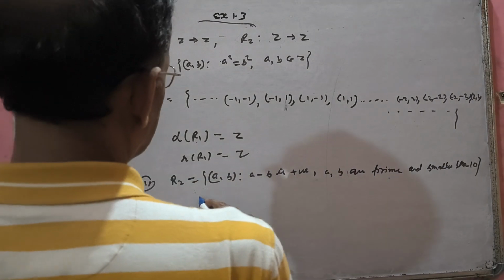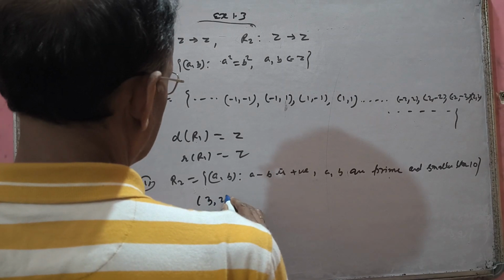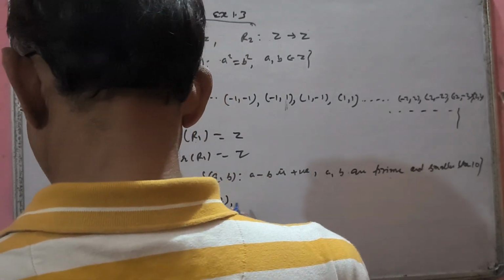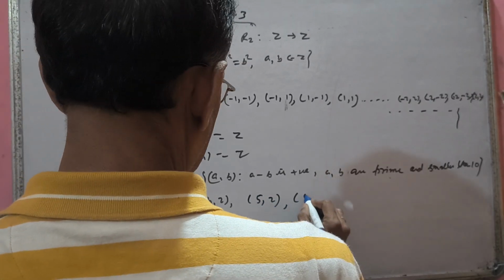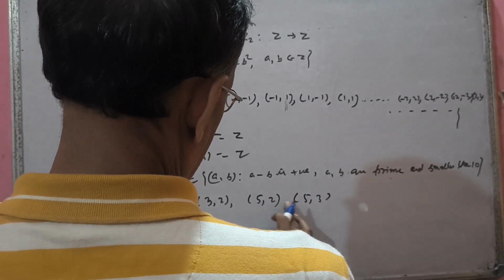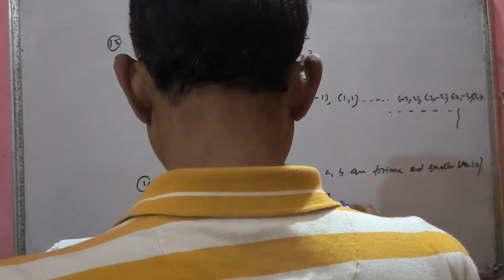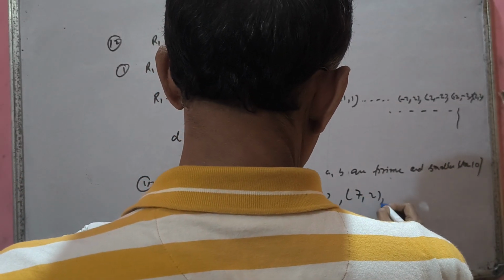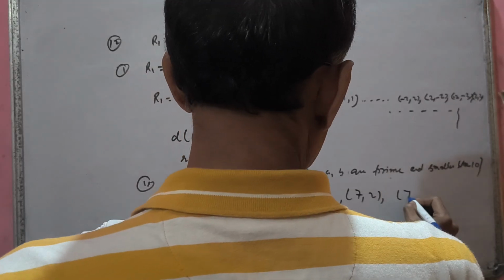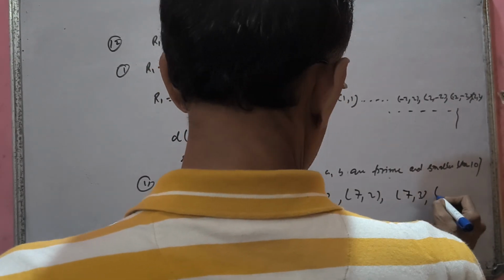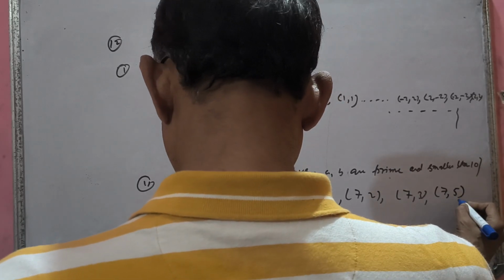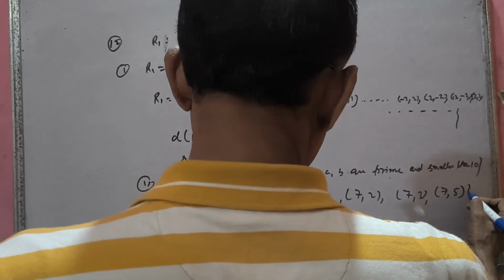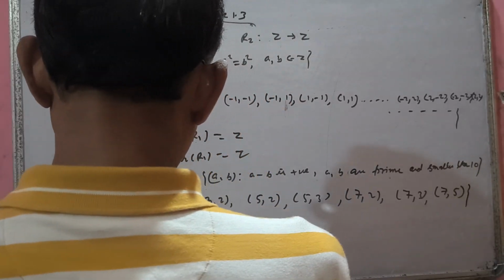So prime numbers: (3, 2), then (5, 2), (5, 3), both are prime and the difference is positive. (7, 2), both are prime and the difference is positive. (7, 3), prime and positive. (7, 5), prime and positive. Anything more you will get? Check it out please. This is R2.